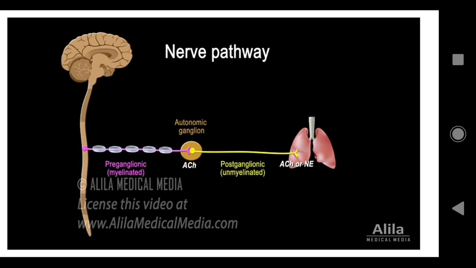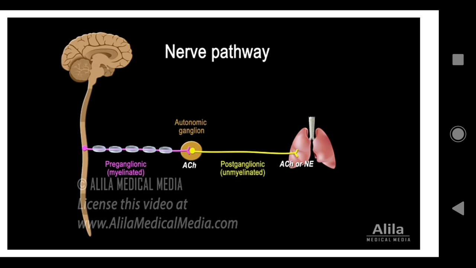Then in the nerve path of this system, one thing that will come is ganglions. A ganglion, or synapse, is the junction between two nerves. The preganglionic neuron is myelinated and the postganglionic neuron is unmyelinated.